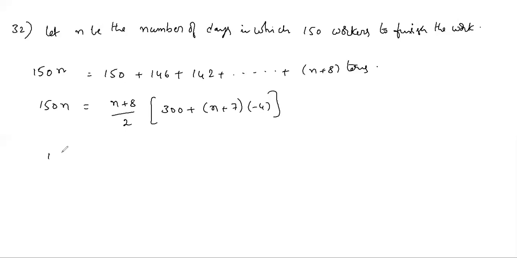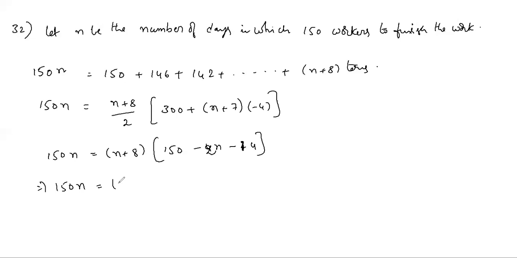So 150n equals n plus 8 into 300 by 2, 150, minus 4 into n plus 7 by 2, 2 cancels. So 150n equals n plus 8 into 150 minus 14, 136 minus 2n.